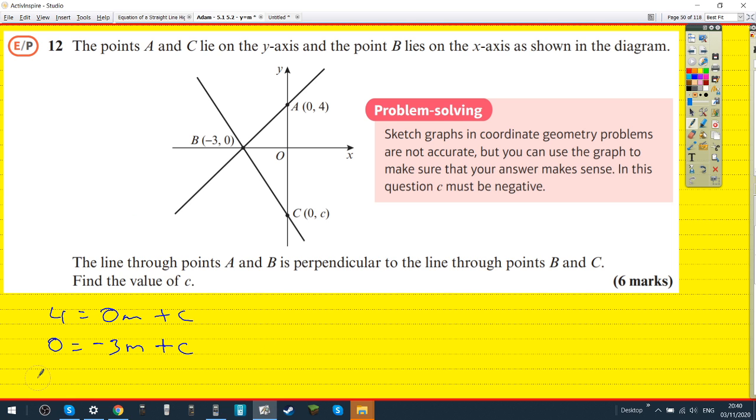So m is 4 over 3 and c equals 4. So c is 4, we knew that bit. That's like the y, and x is like m. Yeah, 4 over 3. The calculator doesn't know it should be m and c, it's just saying x and y. Okay, how can we use that to get the other one?